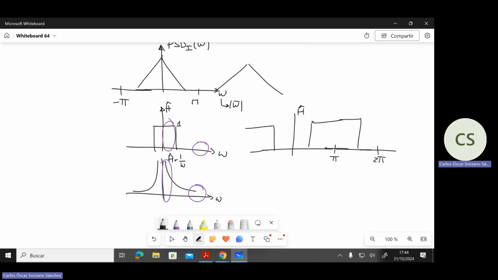They look like this, or like this would be one of them, the modulus of omega, the absolute value of omega. And then the characteristic here is the opposite. Here it is high, so high frequencies can pass through the filter, while low frequencies cannot pass.